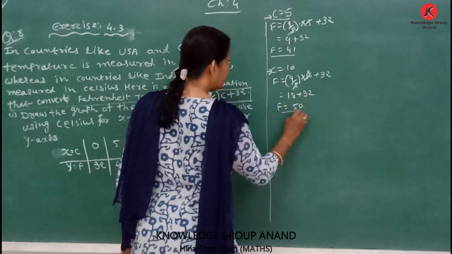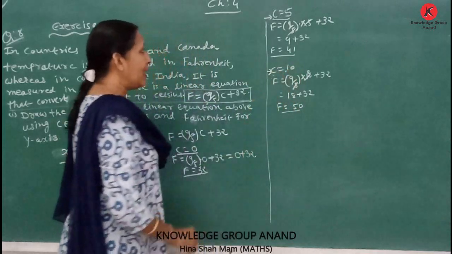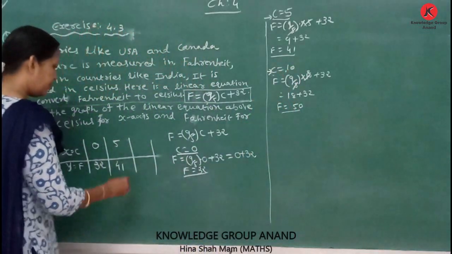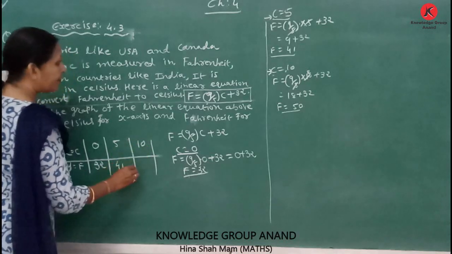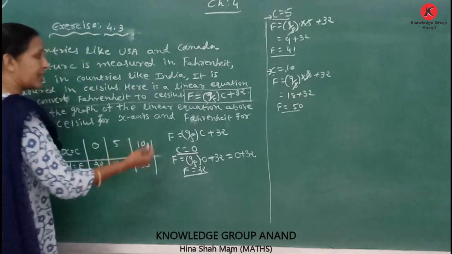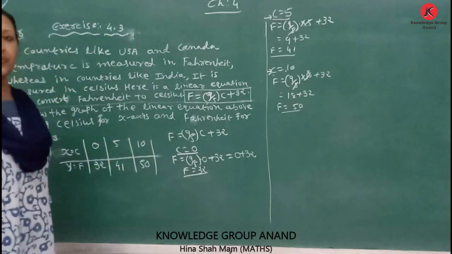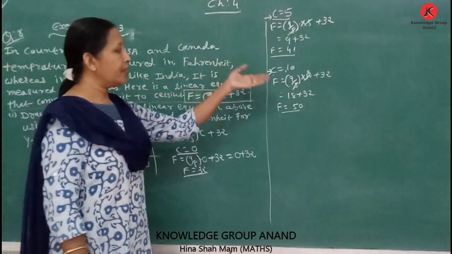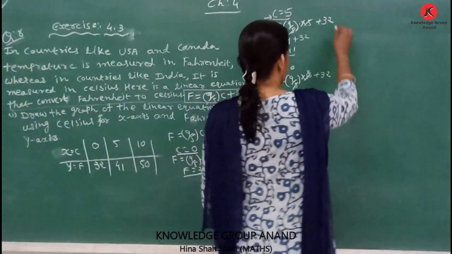F is equal to 50. C is equal to 10, then F is equal to 50. You find other values 15, 20 and so on.